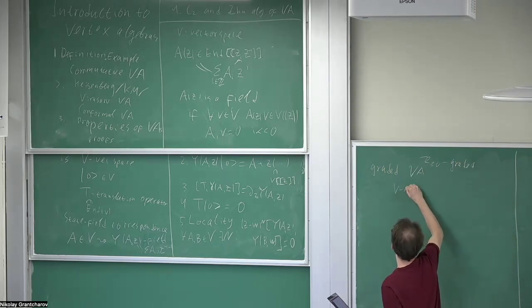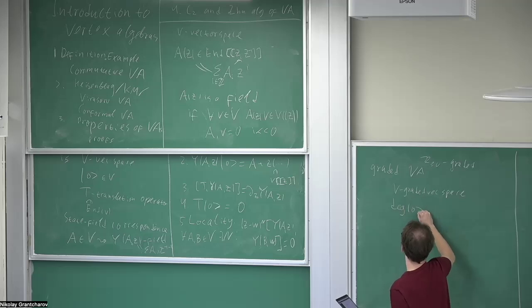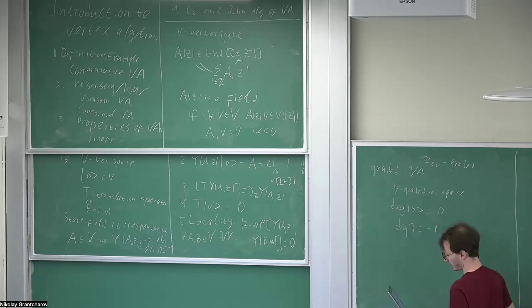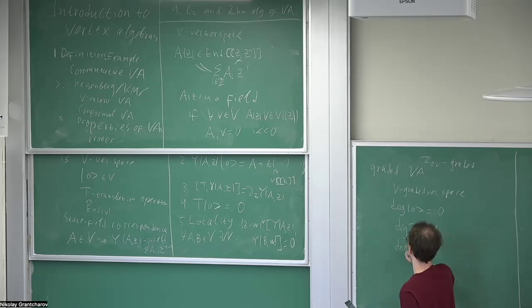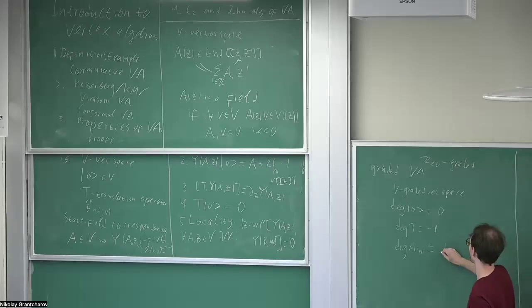So principally V is a graded vector space, the degree of the vacuum is 0, T is a linear map of degree 1, and the coefficient a_n of z^(-n-1) is an endomorphism of degree deg A minus n minus 1.